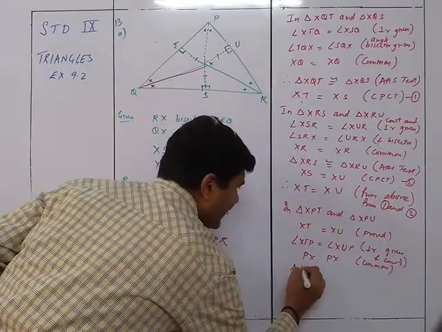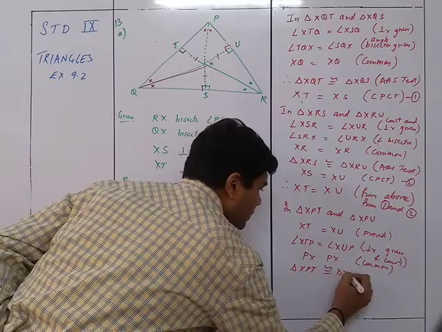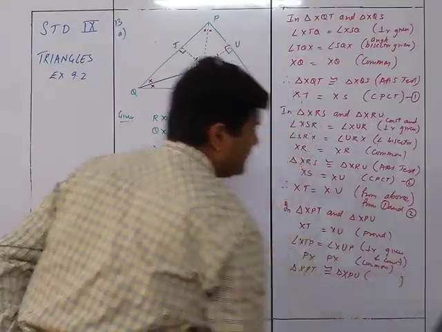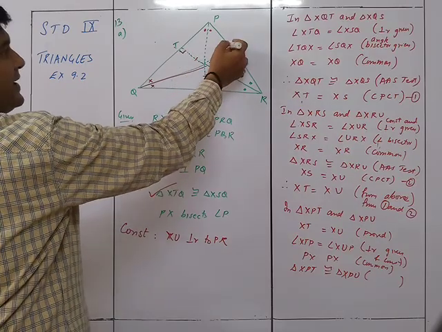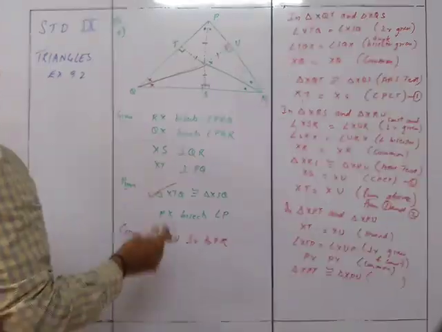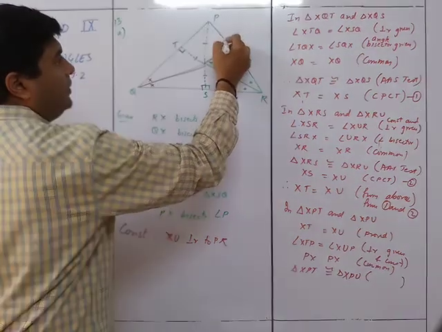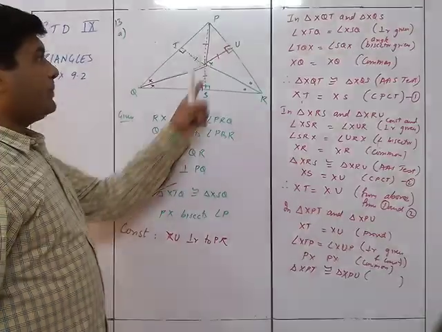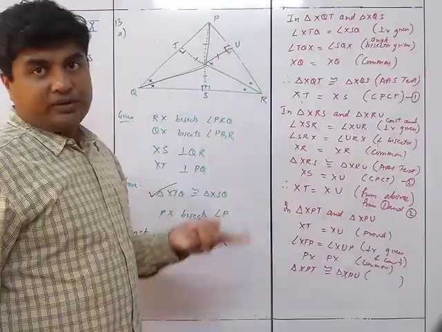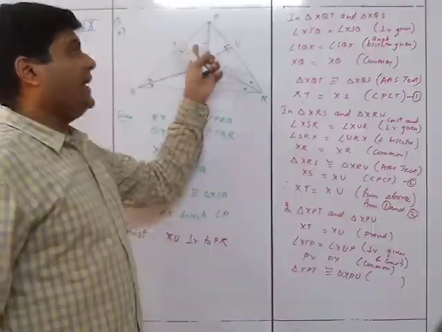So triangle XPT is congruent to triangle XPU by which test? This is a side, this is an angle, and this is another side. We have the side, the angle and this one. Is there a possibility of SSA? No, there is no test like SSA, but this is 90 degrees.